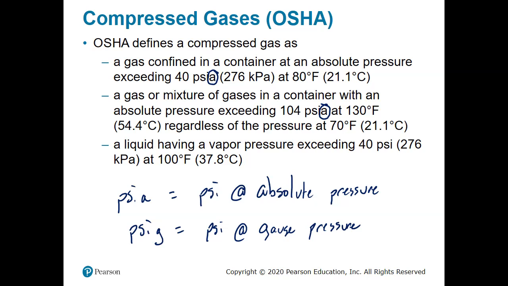Below that value, we don't consider it a compressed gas. It's just a confined gas. So pressurized tanks that are near the end of their life dip down below that definition as we bleed out those last few milliliters of gas.